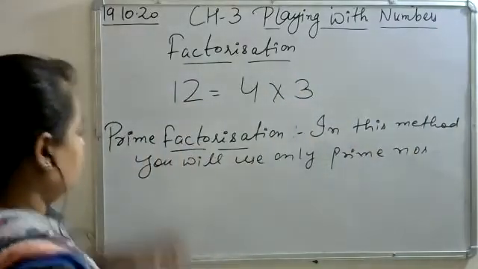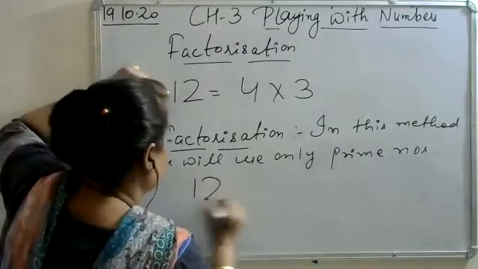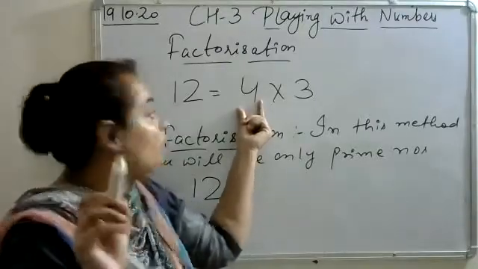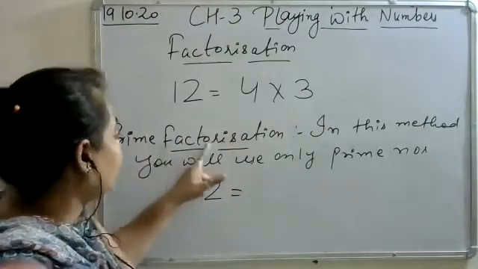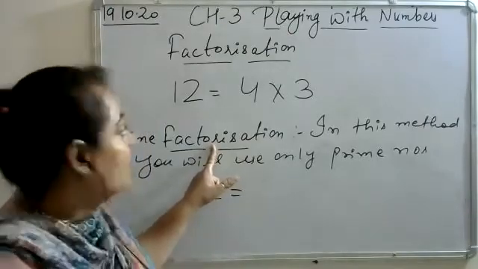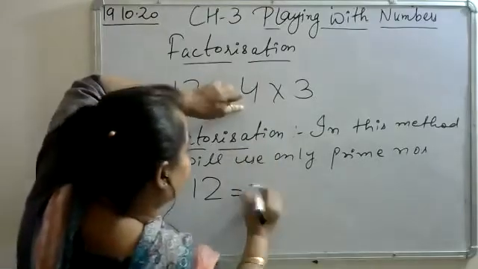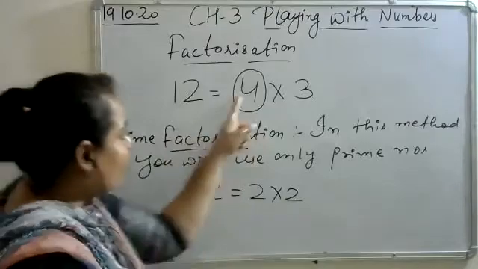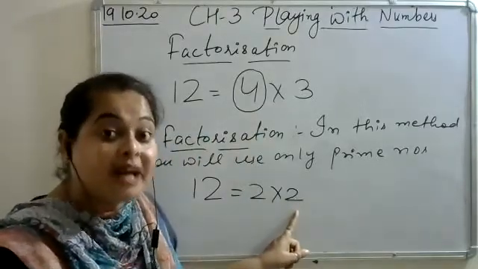It means if I am talking about this 12, then you will not write this as 4. The question is prime factorization. It means you will use only prime numbers. So in place of 4, you will write 2 multiplied by 2, because 2 is a prime number.